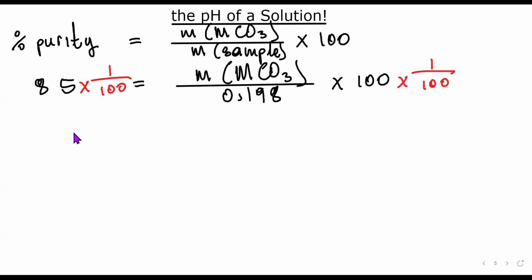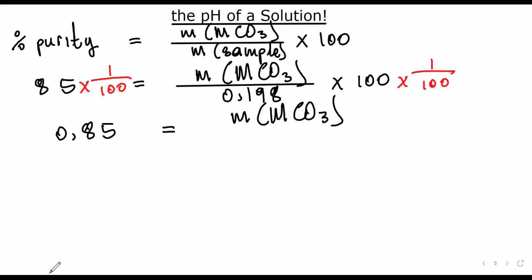So that we get 0.85 here. And here we still have the mass of this metal carbonate divided by 0.198. Then now we need to cross multiply.